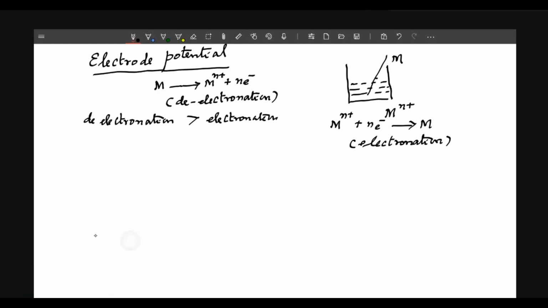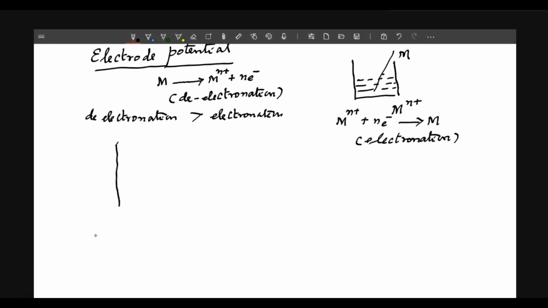What happens is, the metal is dissolved in this, and the surface of the metal is smeared with negative charge from electrons. And the positive charge, the metal ions in solution, would be present like this. An electrical double layer is produced.